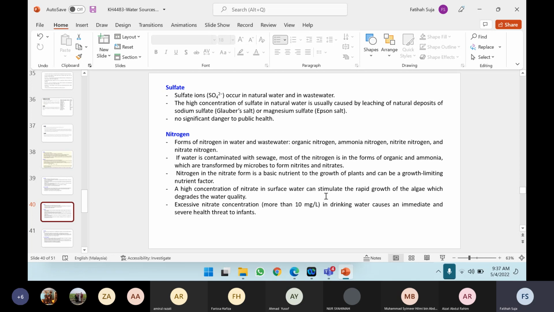cause eutrophication. Excessive nitrate concentration, more than 10 milligram per liter in drinking water, is dangerous because it will cause an immediate severe health threat to infants.